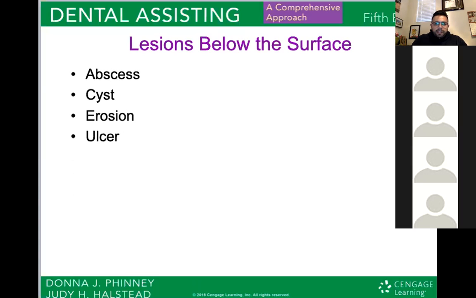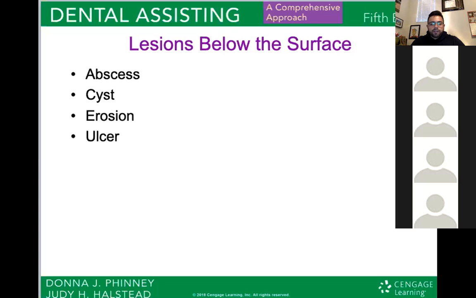Some examples of lesions below the surface are abscesses, cyst, erosion, and ulcer. An abscess is a concentrated area of pus formed as a result of infection by a microorganism. And dental abscesses are periapical, which means that they are at the tip of the root of the tooth, or periodontal, which means that they're caused by microorganisms invading the membrane of the tooth.